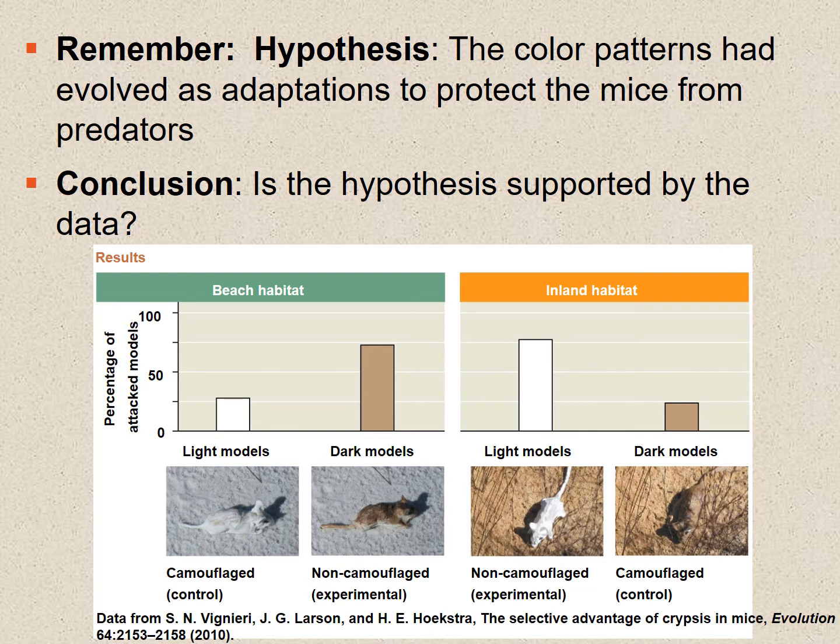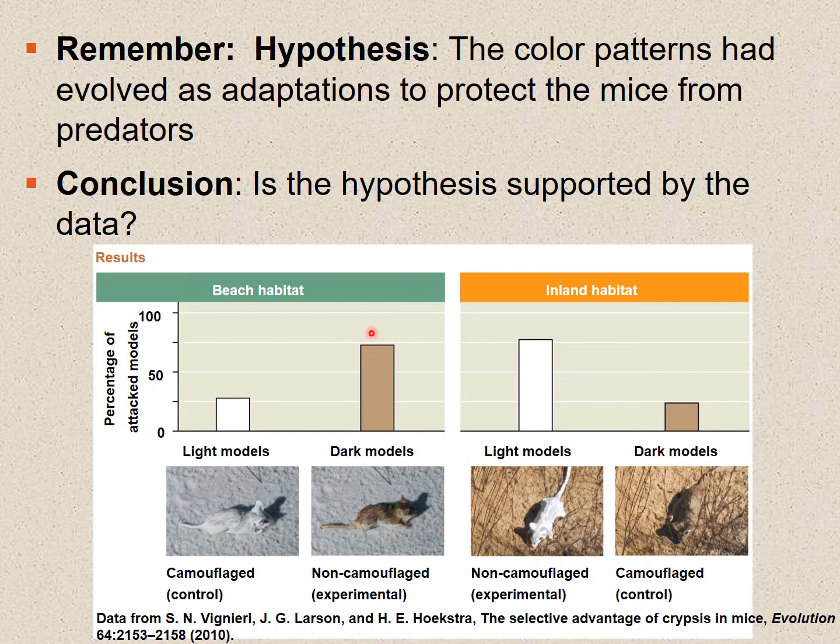So remember the hypothesis, right? You go back to your hypothesis: the color patterns had evolved as adaptations to protect the mice from predators. What is your conclusion? Is this hypothesis supported by the data? What do you think? Typically, there's some statistical analysis performed, and you should see error bars here.